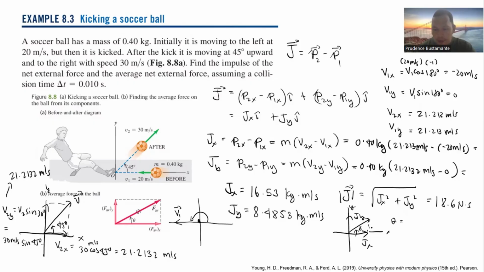If you want this angle theta, theta is equal to the inverse tangent of the opposite over the adjacent, which is Jy over Jx. Shift tangent of 8.4853 over 16.53 is about 27.2, or 27 degrees in two significant figures.